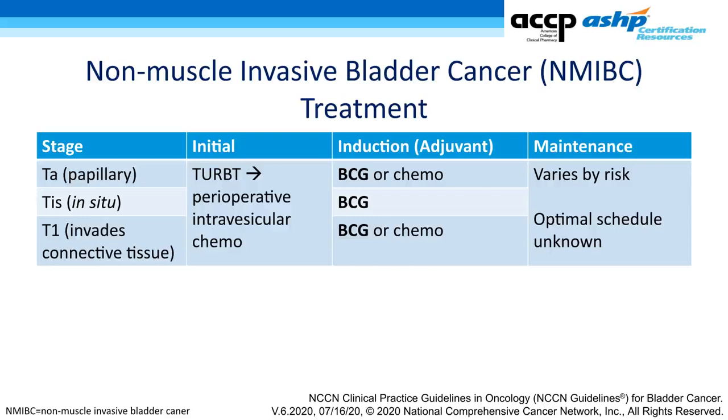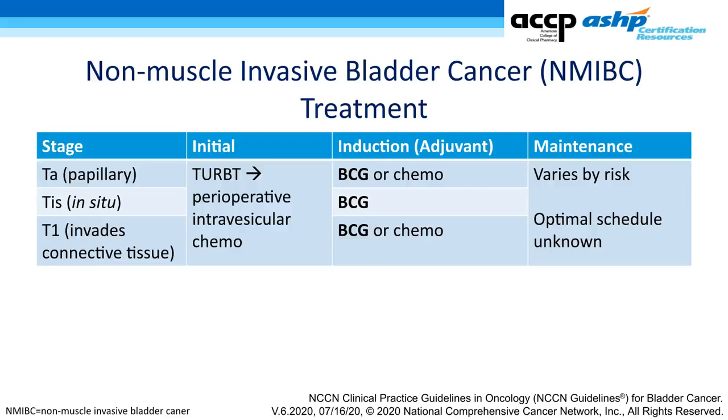In all three cases of non-muscle invasive bladder cancer, all three stages, the initial treatment is a TURBT, that transurethral resection of bladder tumor, followed by perioperative intravesicular chemo, ideally within 6 hours, typically with mitomycin or gemcitabine. And that's been shown to prevent recurrence. Following that, for all 3 stages, BCG is the preferred induction or adjuvant treatment.